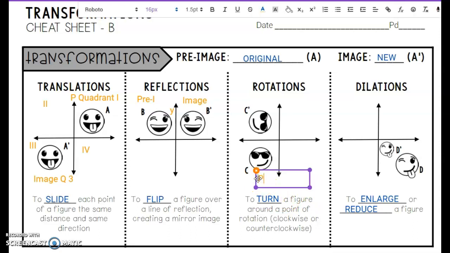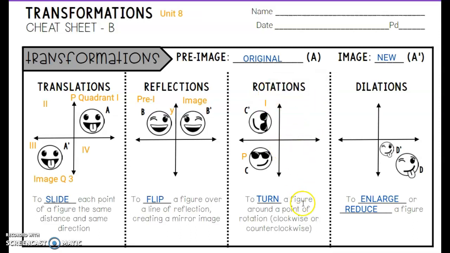So your pre-image is here, located in quadrant 3, and your image, I'll just do an I, is located in quadrant 2. With this rotation, it is a clockwise rotation, and it went 1 quadrant clockwise, so 90-degree clockwise rotation.